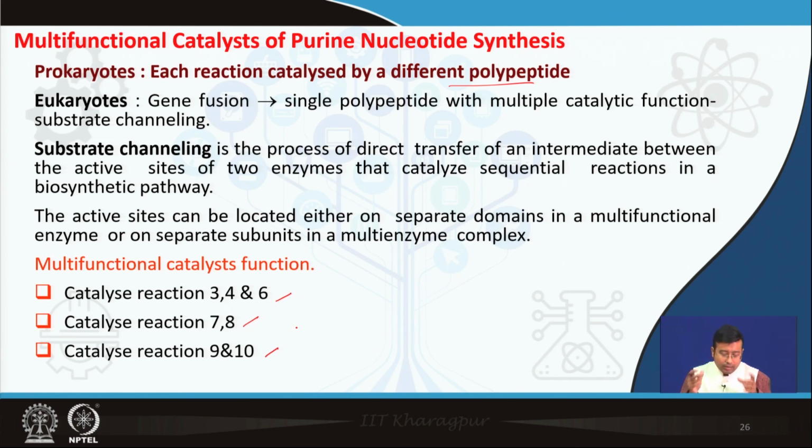The active site can be located in either separate domains in a multifunctional complex or separate subunits, but what is important is these enzymes are a single polypeptide. So, again these numbers can be formulated as an MCQ question. You need to choose the right combination of which enzymes are actually acting together as a single polypeptide.